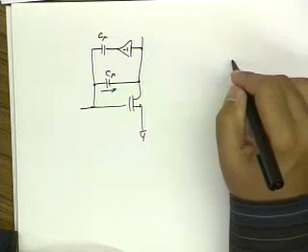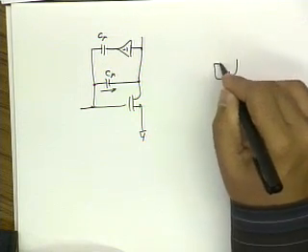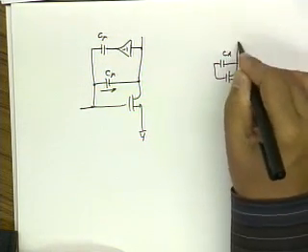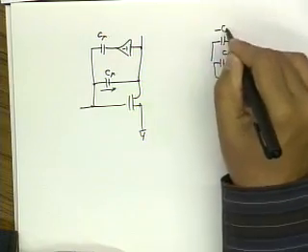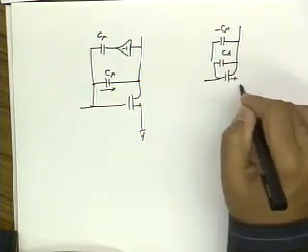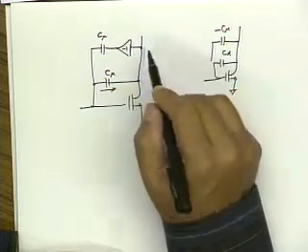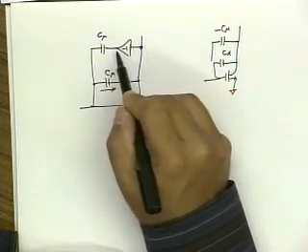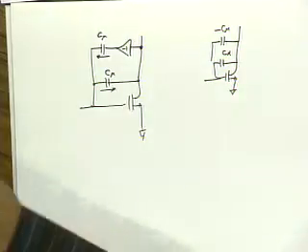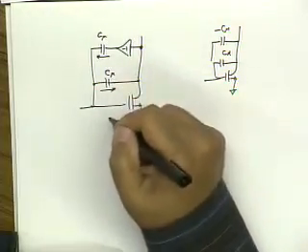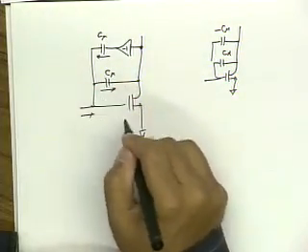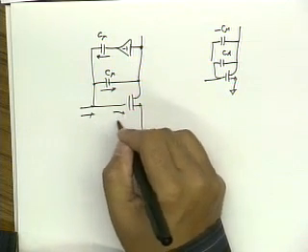That would be nice. C mu, and then minus C mu, and the currents would nicely cancel out. But I can't use a negative capacitor. The next best thing I can do is take this voltage, invert it, and produce a current that balances this current. So now the net current going in is just the gate current.